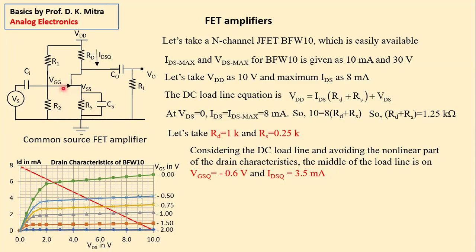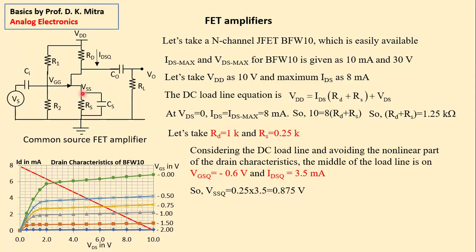Right? From VGG, we can find out R1, R2. How? See, if the quiescent drain current is 3.5 milliampere, it flows through RS. RS value is 0.25K. So what is the potential here? 3.5 milliampere into 0.25K is 0.875 volt.